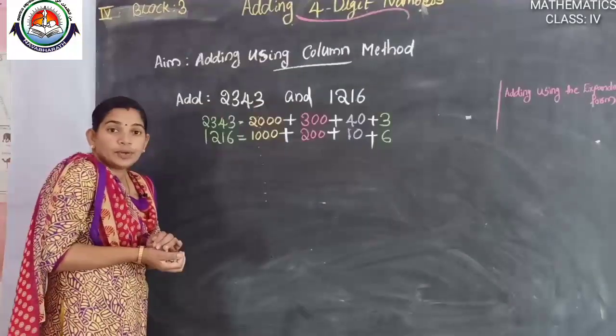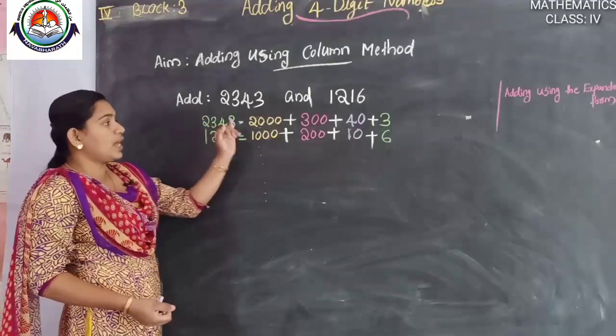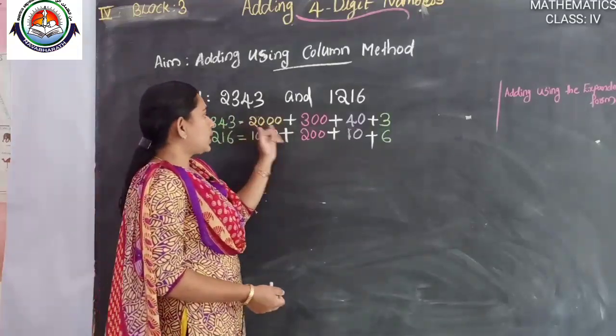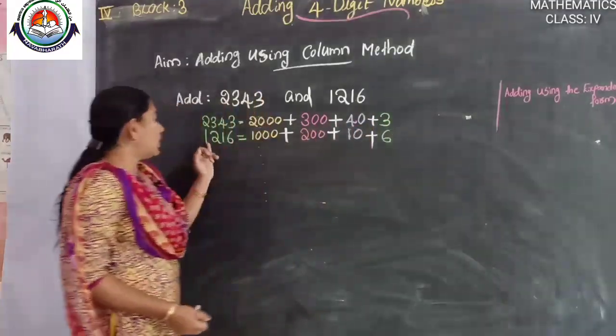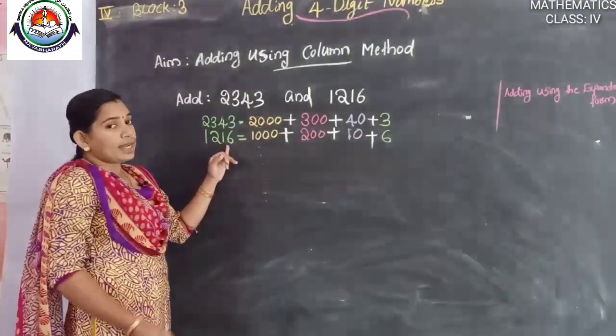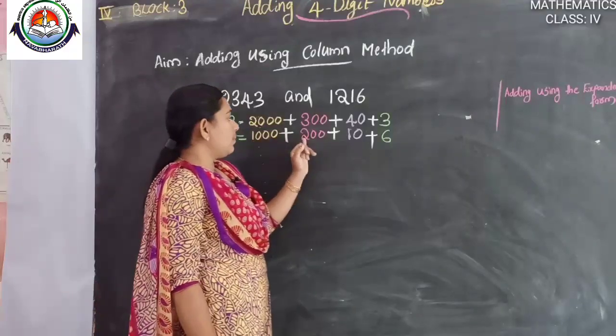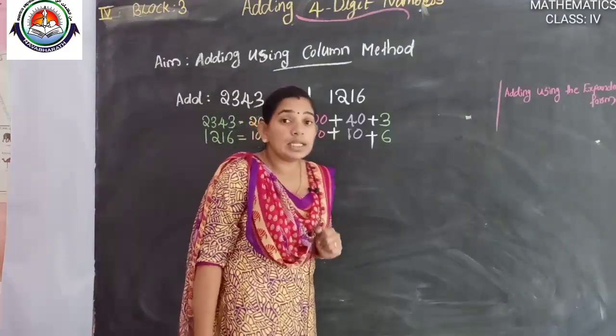Okay, just like we did in the previous class. First we expanded the number: 2000 plus 300 plus 40 plus 3. Then 1216 we can expand: 1000 plus 200 plus 10 plus 6.